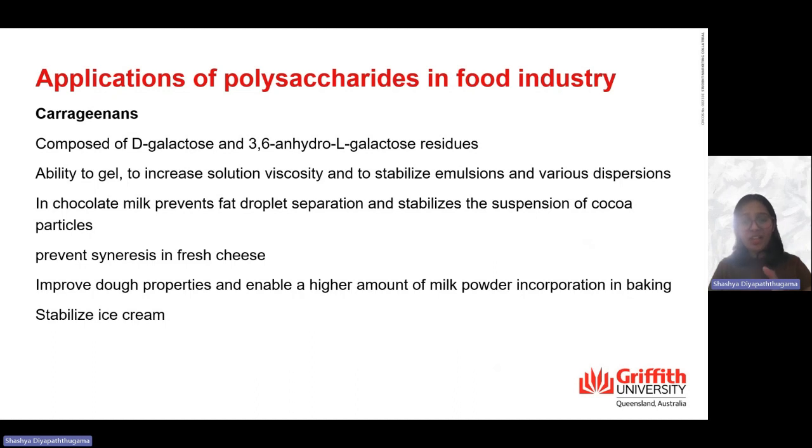Once we coagulate the milk, it forms a cheese, and the whey of the cheese comes out as a liquid. That is called syneresis, which is not preferable. So carrageenans can be added to prevent that. Carrageenans can also stabilize ice cream and improve the dough properties and enable a higher amount of milk powder incorporation if we use them in baking.